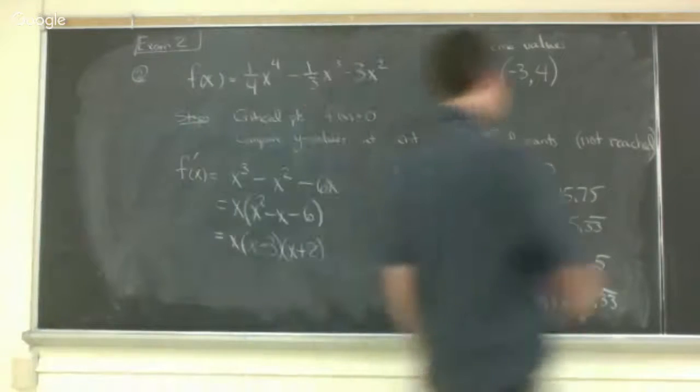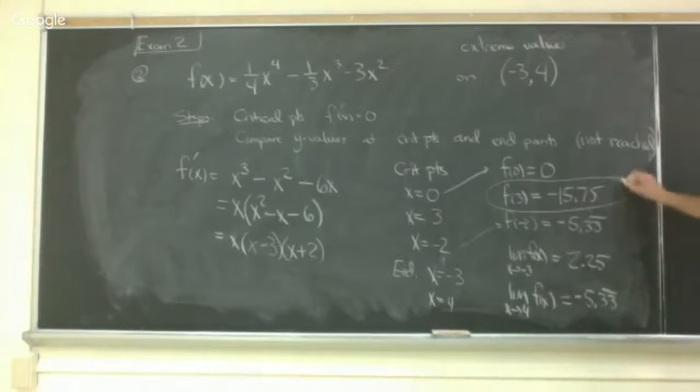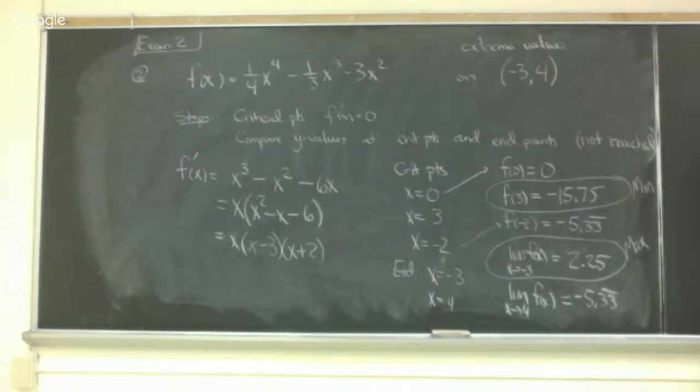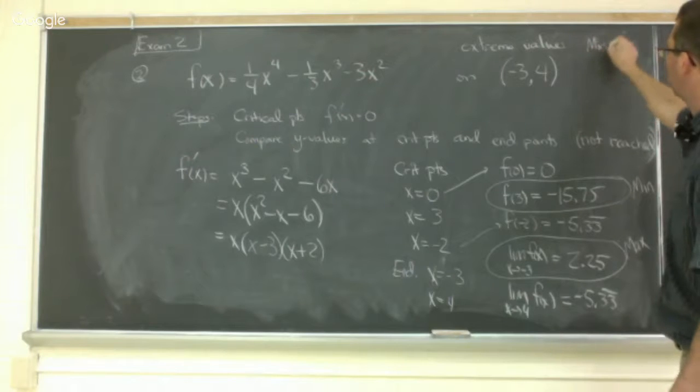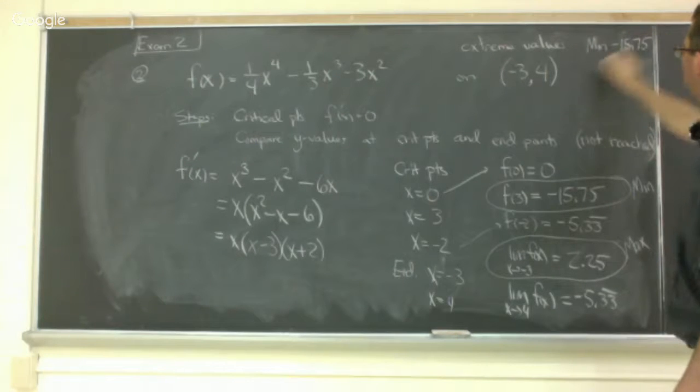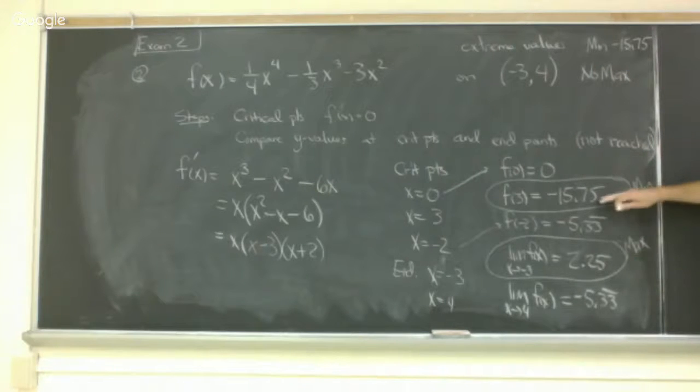So I looked through my list, and this is the lowest, and this is the highest. The only problem is that I didn't actually reach this. That should have been the maximum, but it's not reached. So my minimum value is -15.75, but there's no maximum value because it gets closer and closer to 2 1/4, but it never reaches it. This is the upper bound, but not the maximum value.